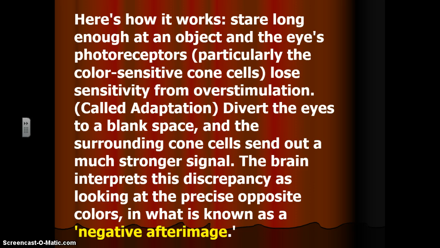That's known as a negative afterimage. The opponent process theory does a much better job of explaining this. Both of these theories are very different in terms of how they work, but both of them do have support in terms of research.